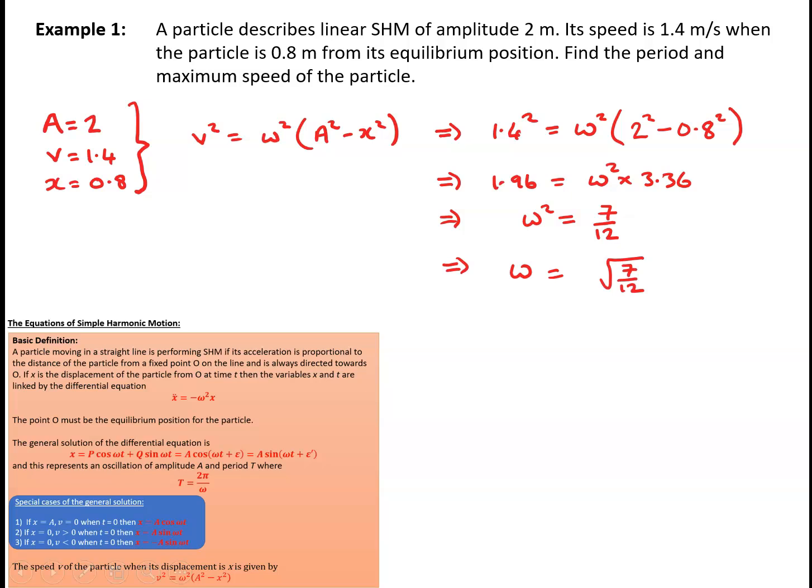So omega is the square root of 7/12, and that means that the period, which is 2 pi over omega, is 2 pi divided by the square root of 7/12, which is the same thing as 2 pi times the square root of 12/7.